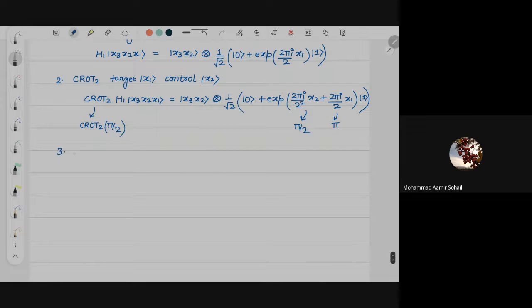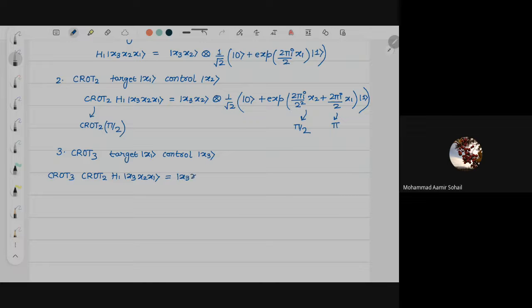Then the third one is we apply the third control rotation, C rotation 3. The target will be X1 and the control here will be X3. So we applied C3, C2, H1 on X3, X2, X1.